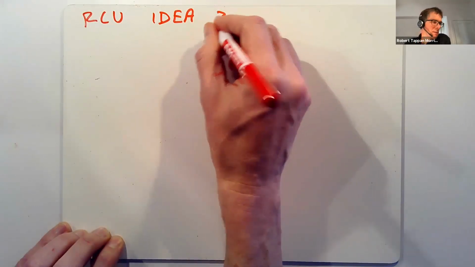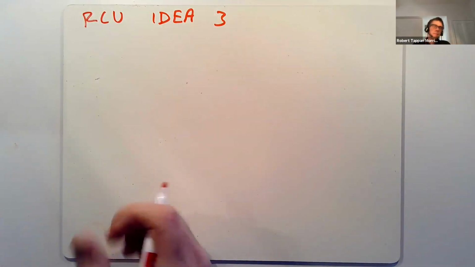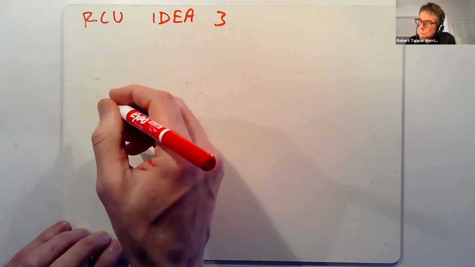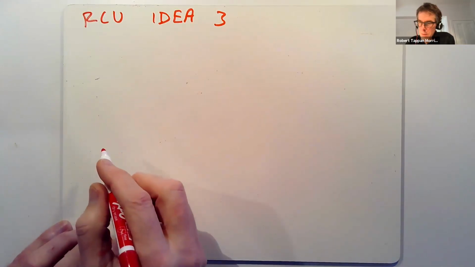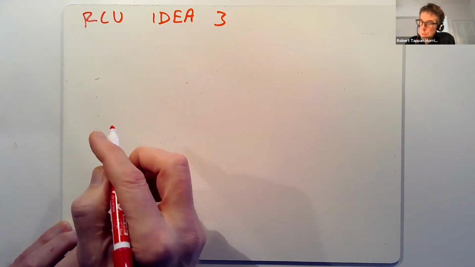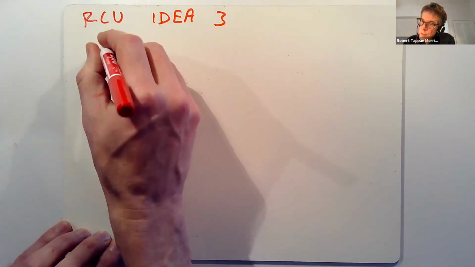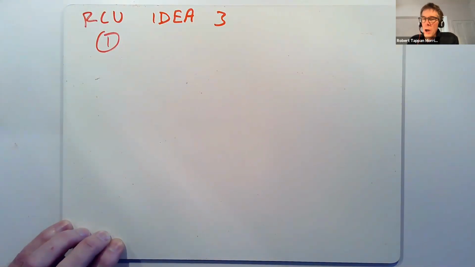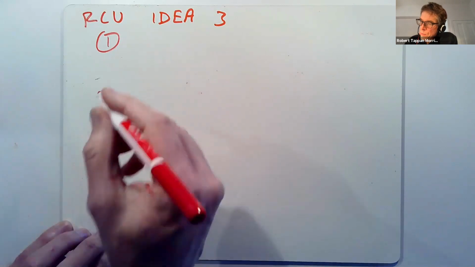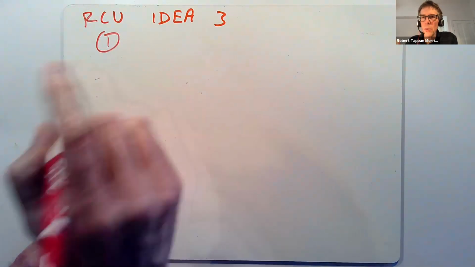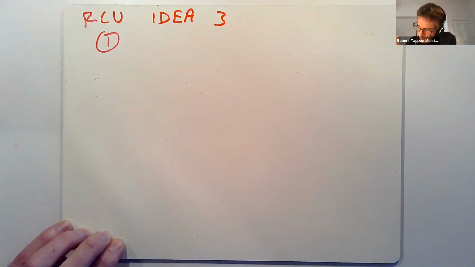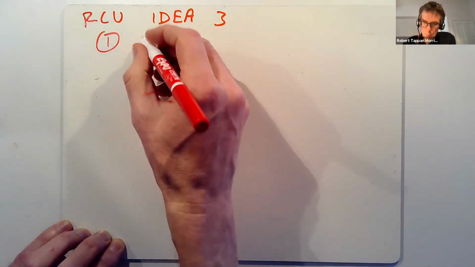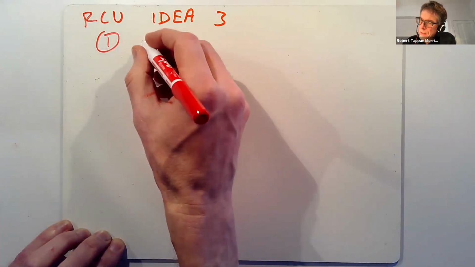The idea is that readers and writers each have to follow a rule that will allow writers to delay the free. Readers are not allowed to hold a pointer to RCU protected data across a context switch. So a reader is not allowed to hold a pointer to one of those list elements across a context switch.